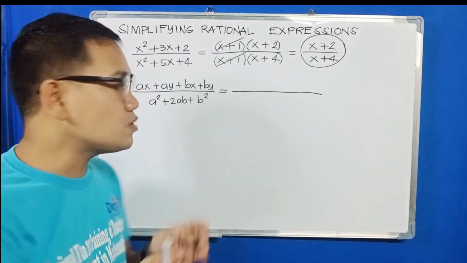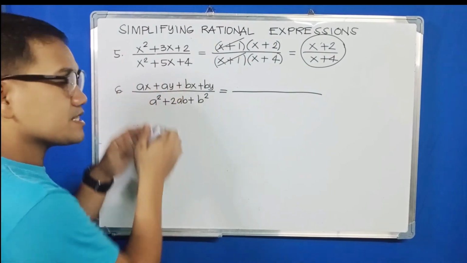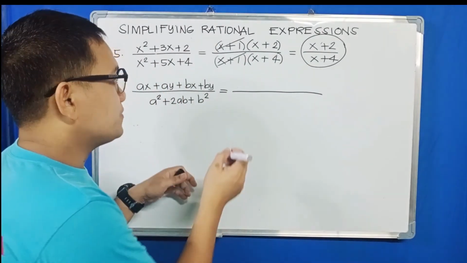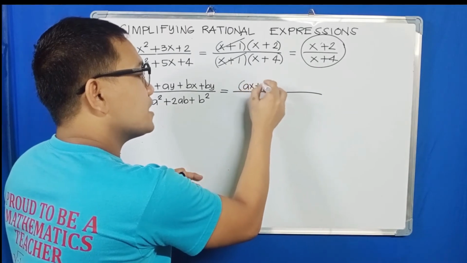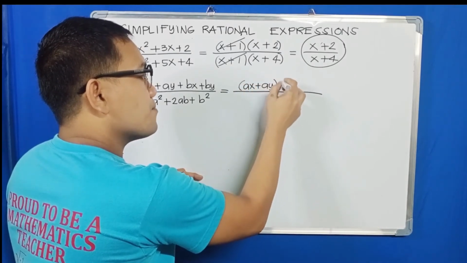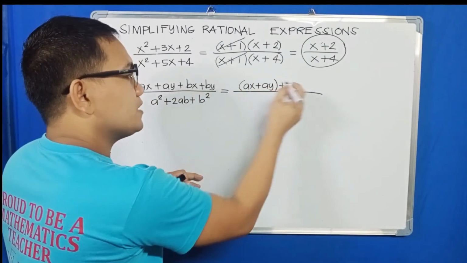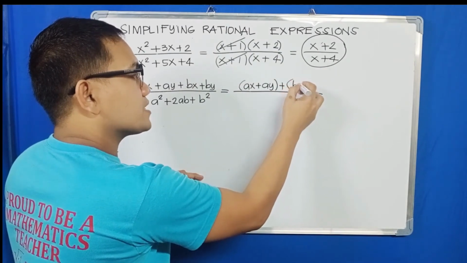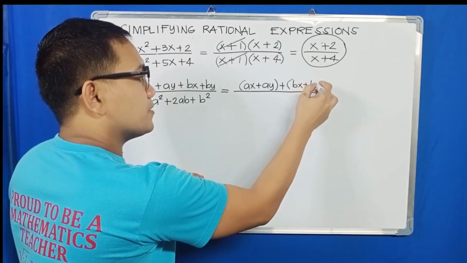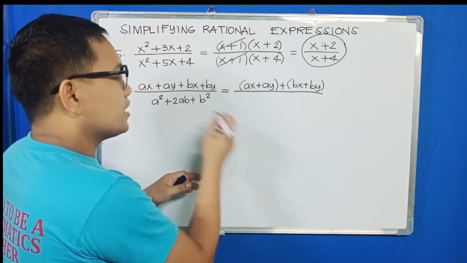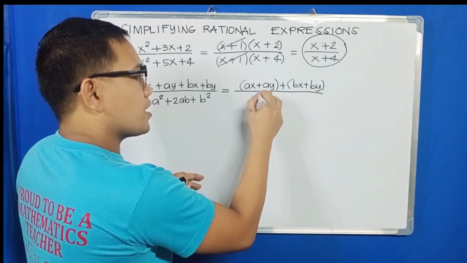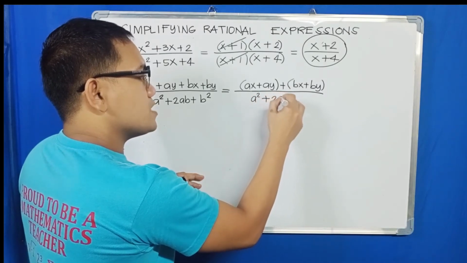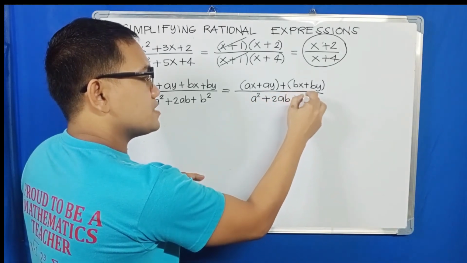So in this case, we will try to group ax plus ay, plus, this will be the plus sign, then group also bx plus by. Then we will copy first our denominator, which is a squared plus 2ab plus b squared.